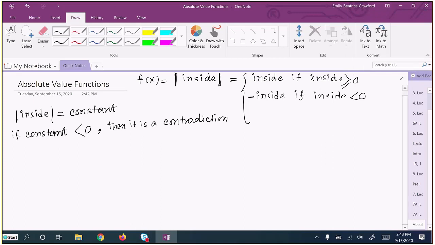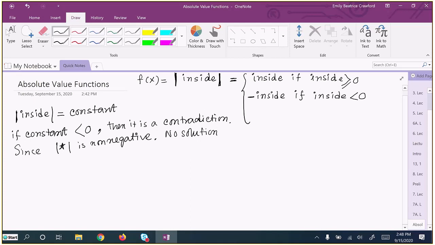I will say since absolute value, and it doesn't matter what is inside, is non-negative, what does that tell me in the context of solving the absolute value equation? It tells me there is no solution. So we will not follow any procedure in this situation when the absolute value by itself is equal to a negative number.